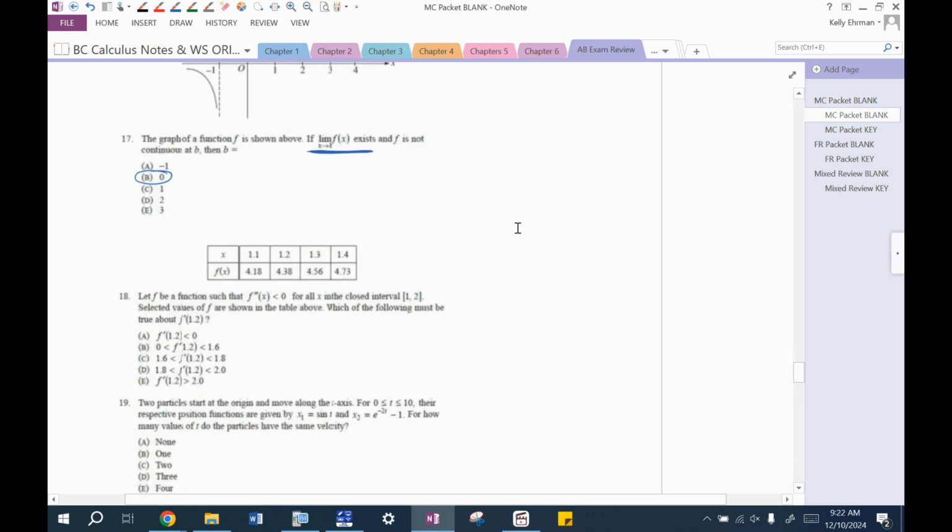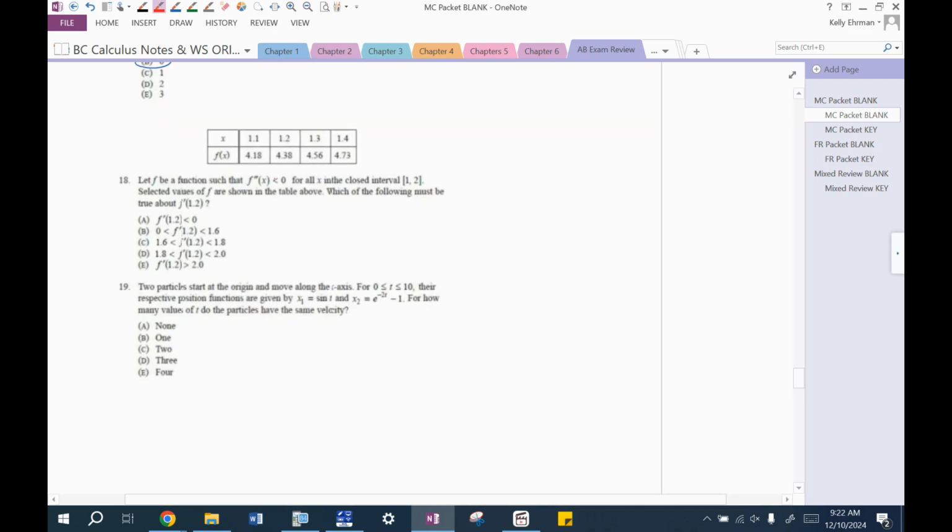All right, number 18. Let f be a function such that f double prime of x is less than 0. So that tells me the graph is concave down, for all x in the interval between 1 and 2. Selected values of f are shown above. What must be true about f prime of 1.2?